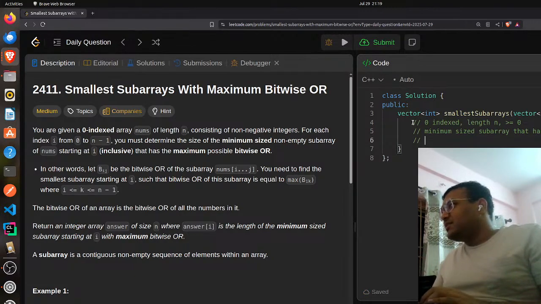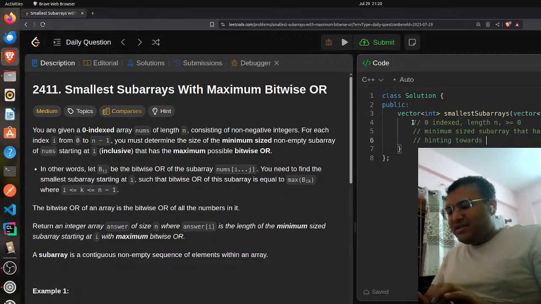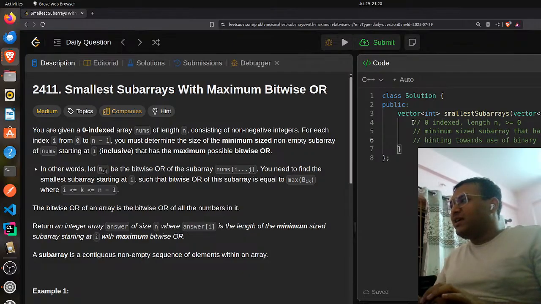So, minimum size subarray that has maximum bitwise OR. Clearly, we can see that we have this minimum of maximum pattern, so it might be hinting towards binary search, but it might not be true. Let us see.